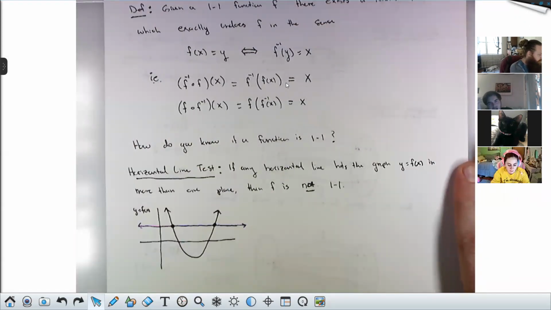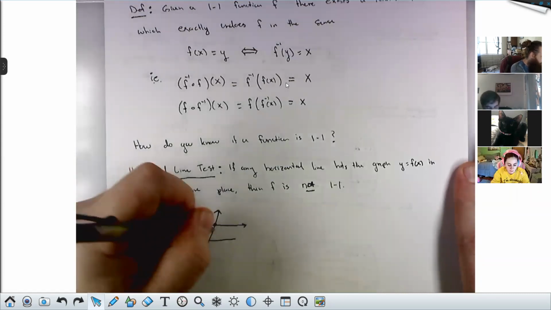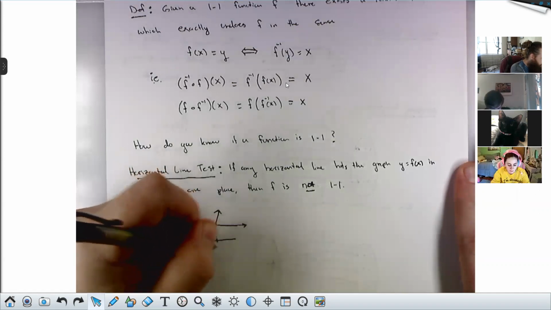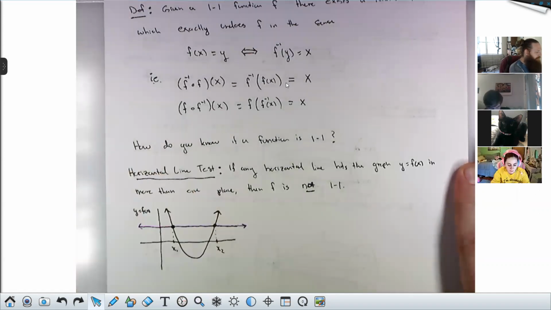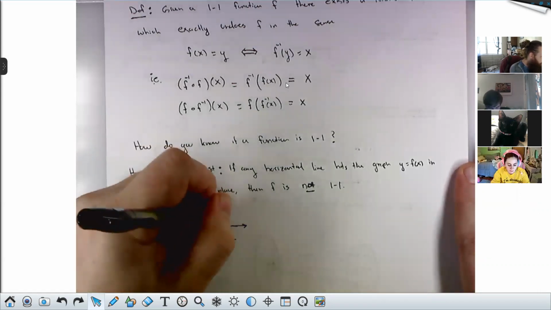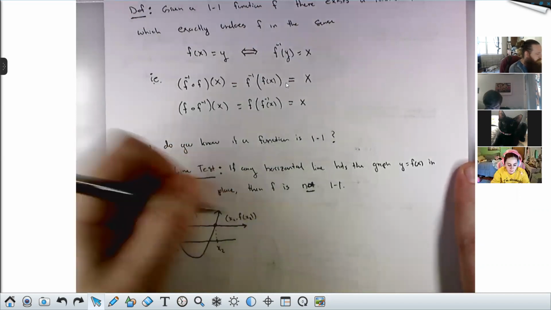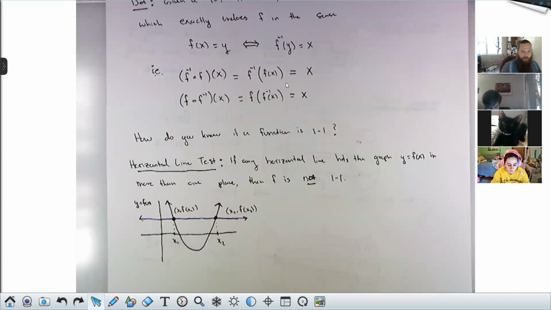Well, why is that? Here is, I'll call this x1. Here is, I'll call this x2. The point here is x1 comma f of x1. And the point over here is x2 comma f of x2. Clearly, x1 and x2 are different numbers, right? They're x values, and they're at different places on the x-axis. So x1 is different from x2.